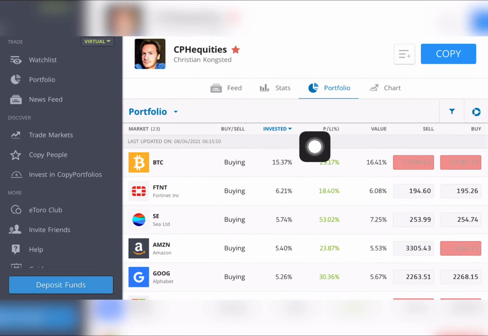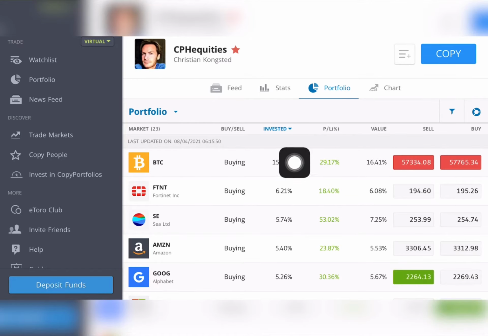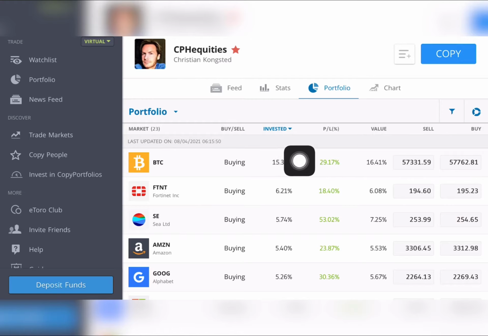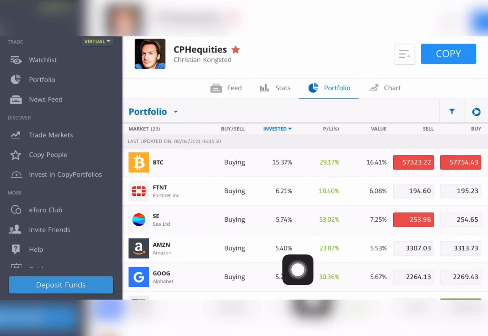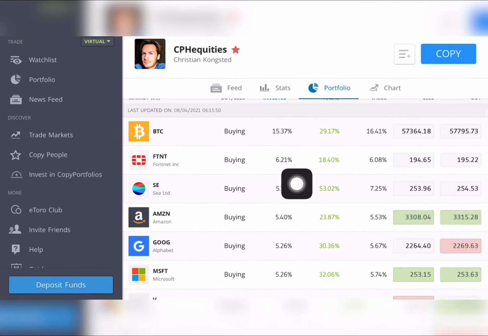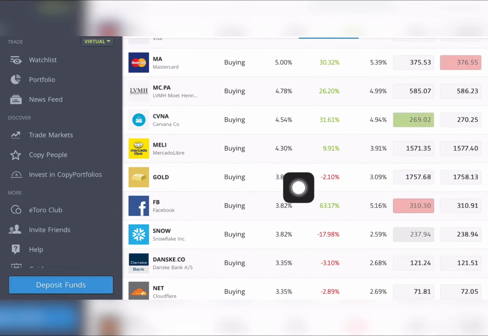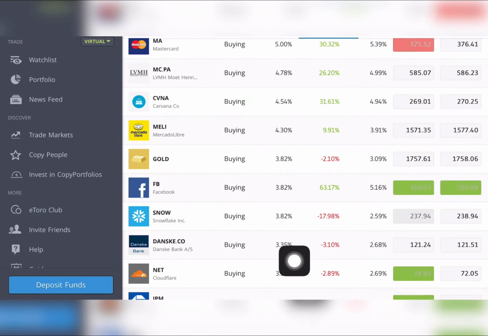Now, PL, profit and loss. So you will know if this person has a good portfolio. I think he has good profit in his portfolio, all green, except for gold and Snowflake, which are negative.